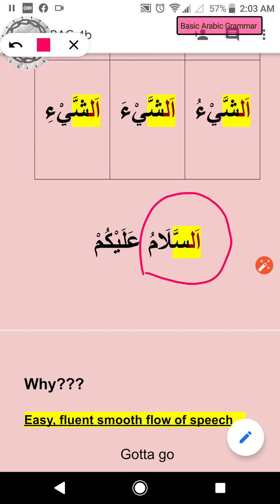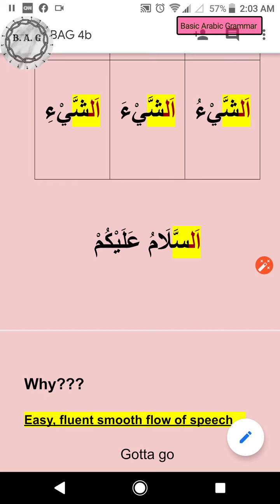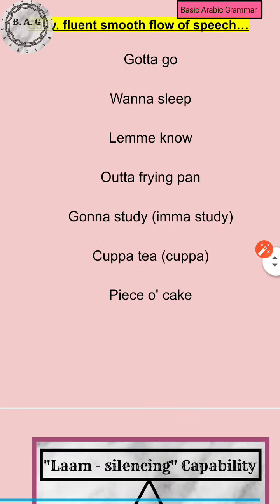I hope that if you try it, you'll also find that Assalamu alaikum is way easier than Al Salamu, and Ash-shay'u is way better than Al Shay'u. That's the reason we're going to study this, inshallah.